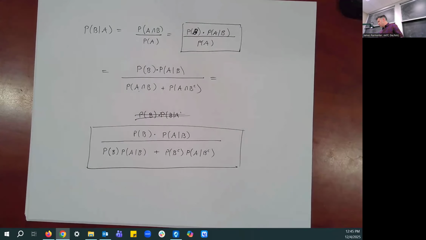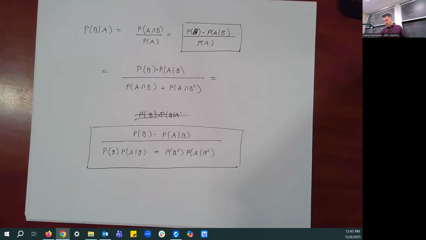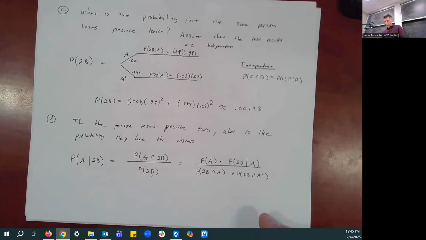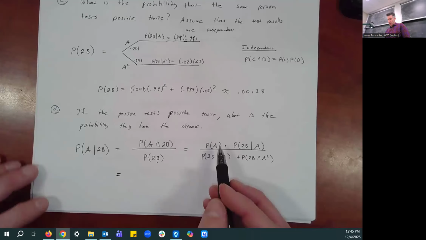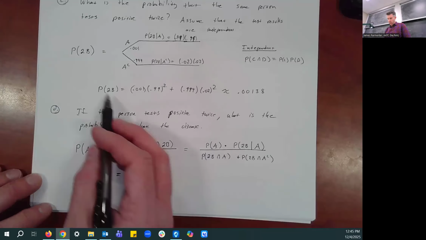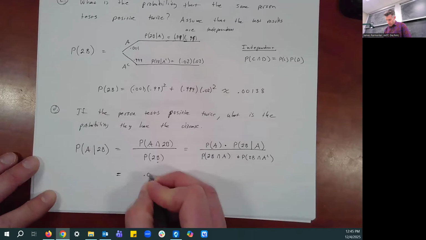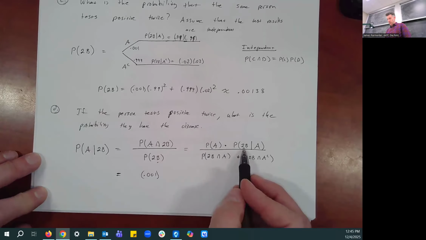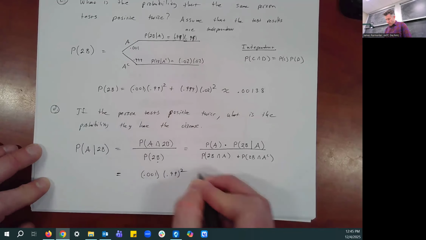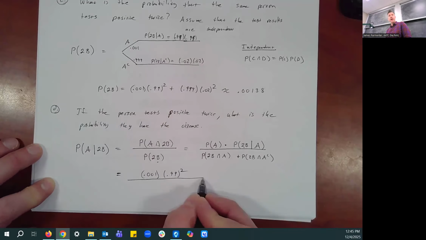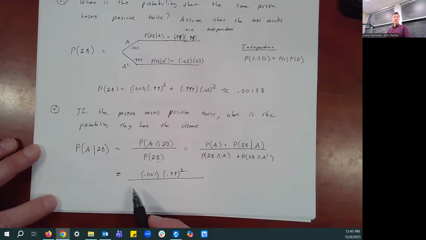Okay, so can we finish this up? No, we didn't finish this quite yet. So we're almost done with this. So let's just finish this off real quick here. We have the probability of A, which is, I forget what it was, 0.001. And then the probability of two positive tests given A is 0.99 squared. And I'm just going to be smart here and say, I know that the numerator shows up again in the denominator.